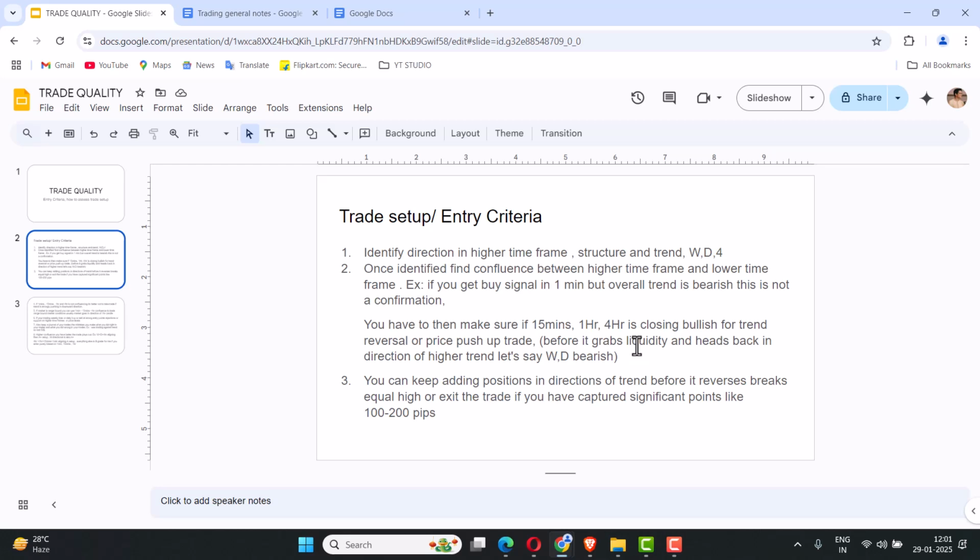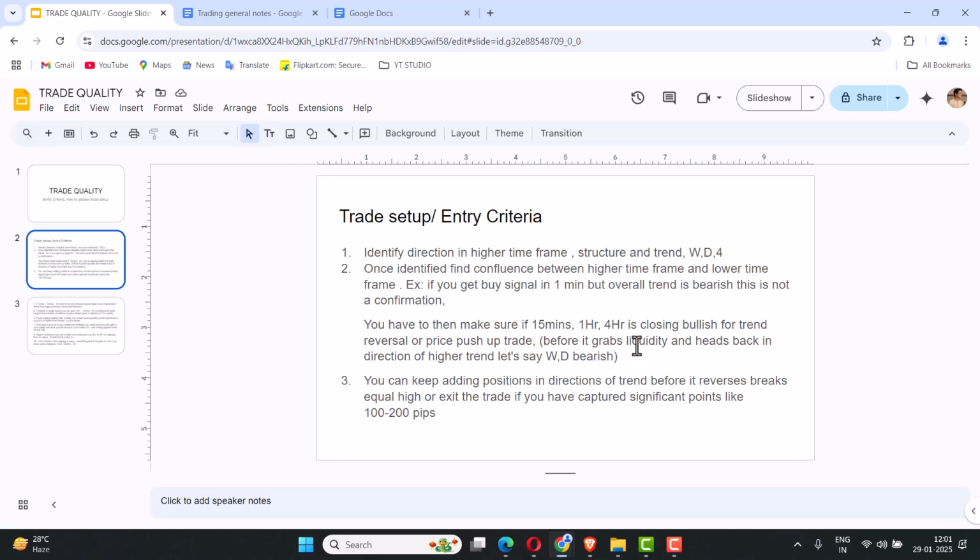So the first criteria for trade setup or entry is identifying direction in the higher time frame. Okay, so like I spoke about in the strategy and system video, the first thing is structure and trend. We have to go from the weekly, daily and the 4 hour.